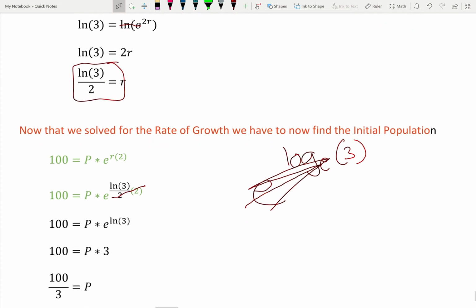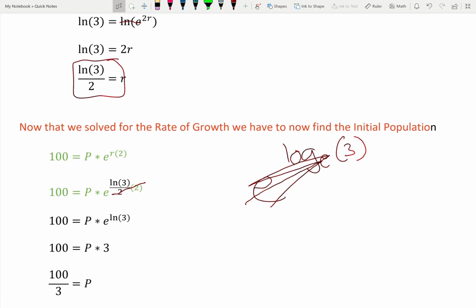So that means p, my initial population, is 100 divided by 3, which is 33.3 repeating, right? So guess what? I've solved for my initial population, which is p, and I solved for the rate of growth, which was r, which is ln of 3 divided by 2.